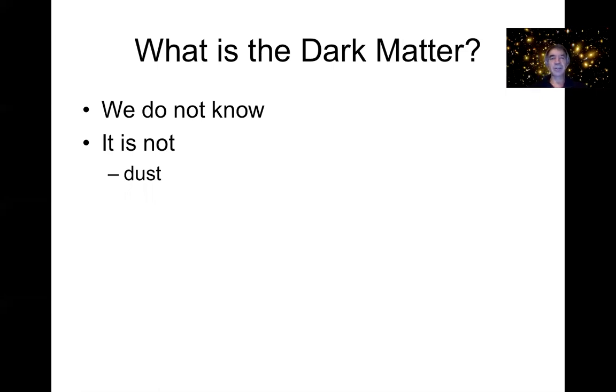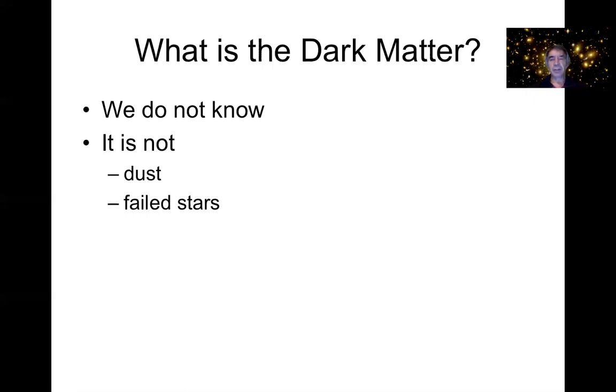You can't hide dust. We know where it is. So it definitely isn't that. And like I said, the amount of mass in the interstellar medium of a galaxy is only about 10% of the mass of the stars, so it's never going to answer the problem. And the amount of dust within the gas of the interstellar medium is only 1% of that again. So that's not it.